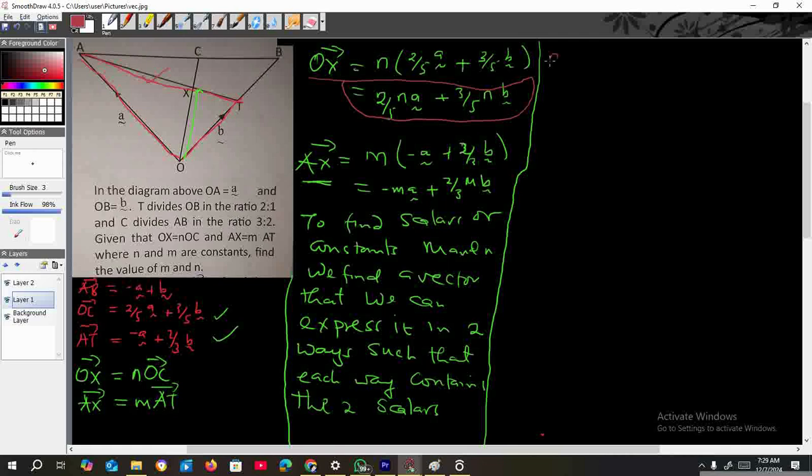So OX can as well be given by this part from O to A, then plus A to X. So this will be the same as A plus AX, which is what we found here to be minus MA plus 2/3 M vector B.